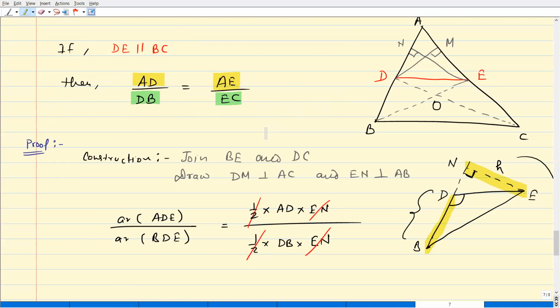So we can do half into the base and height, sir. Their height will be equal, sir. And base is also equal, sir. Okay, so which base you are saying is equal? What is the base? DE, sir. Okay, so you want to consider DE as the base, and what will be the height?